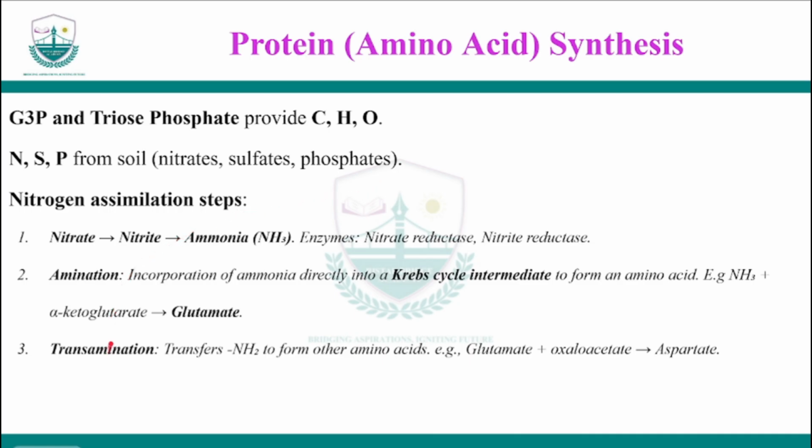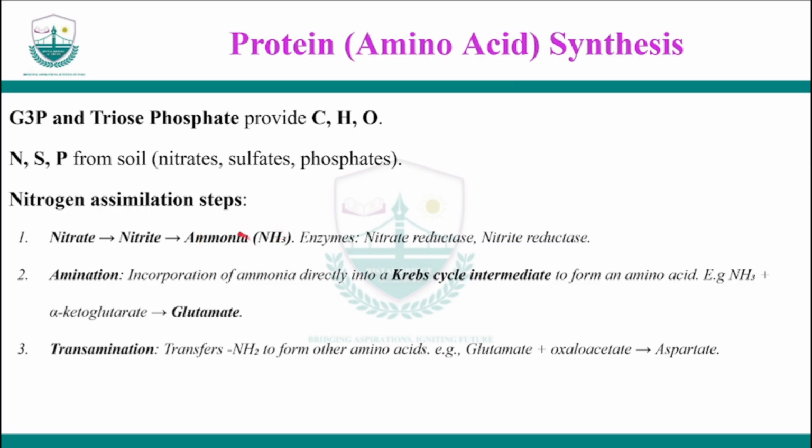For nitrogen specifically, we have outlined the steps through which nitrogen is incorporated into the protein. You cannot have protein without nitrogen. So nitrates are converted into nitrites, and then to ammonia.